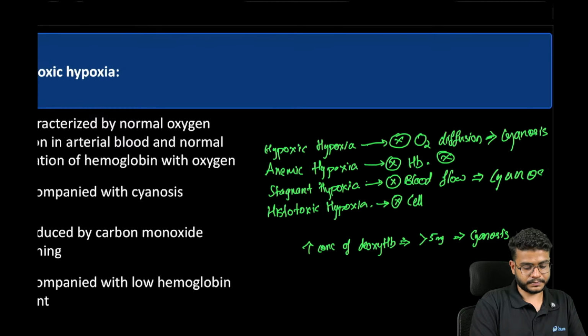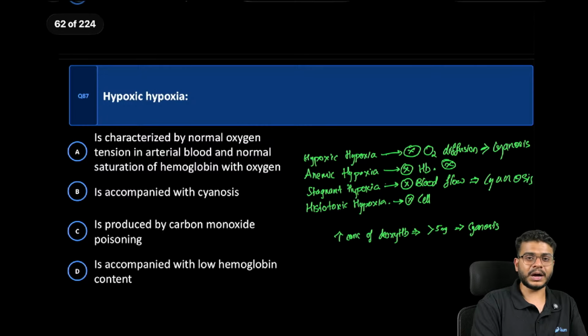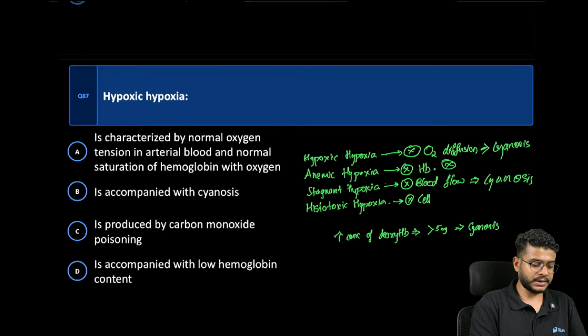Okay, the last one, histotoxic hypoxia. Here the cells cannot use the oxygen, so the oxygen will not be dissociated from the hemoglobin, so there won't be a higher level of deoxyhemoglobin and no cyanosis. Okay, this is the outline about hypoxia and cyanosis.